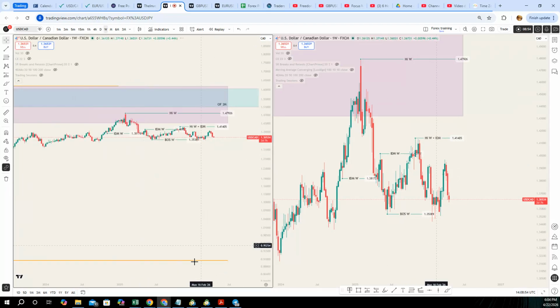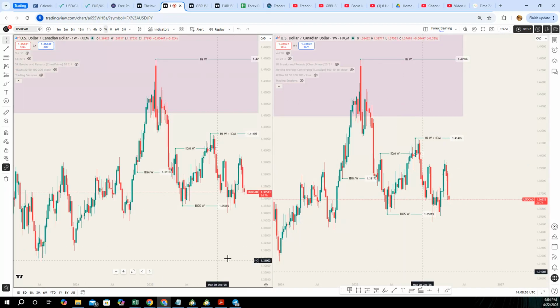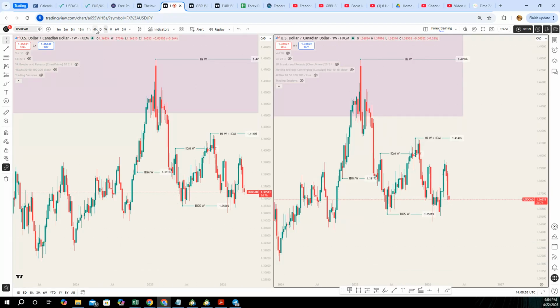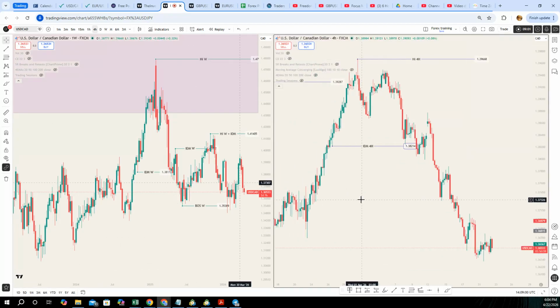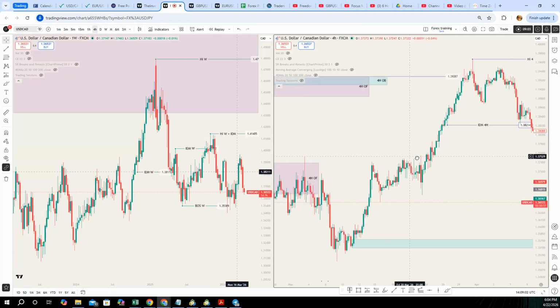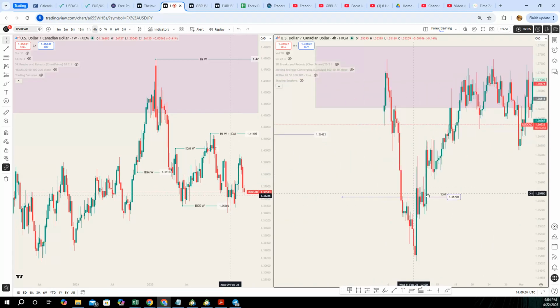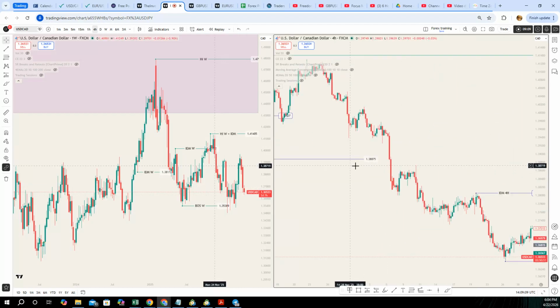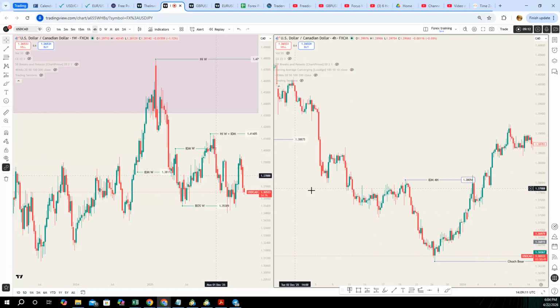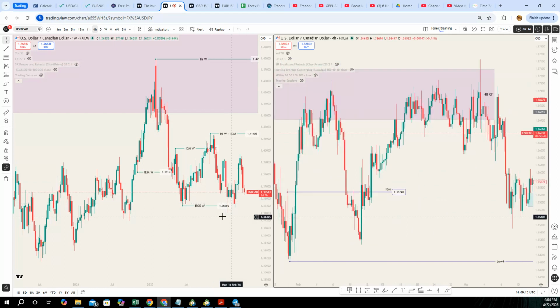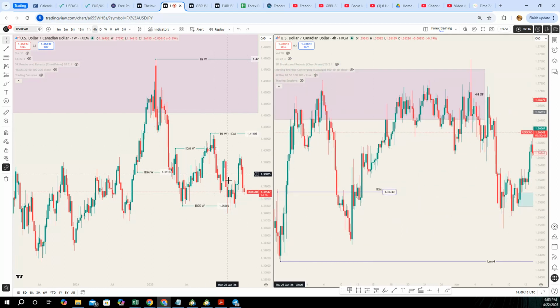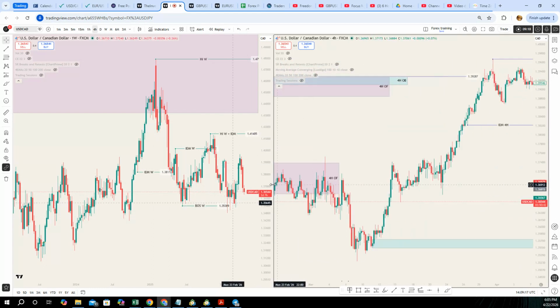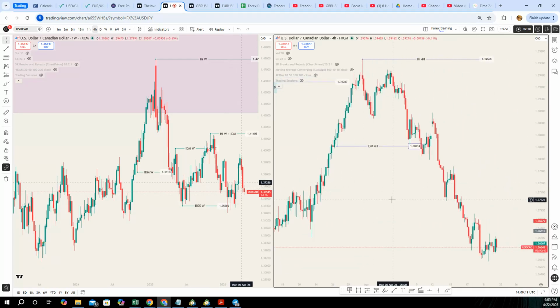Let's get the weekly here. And now we need to see this story on the 4 hour. And let's start with this, because we need this range. We need to know the story of this range.